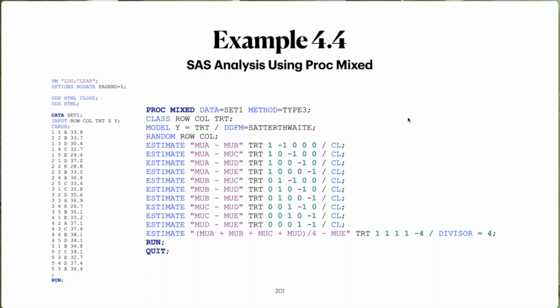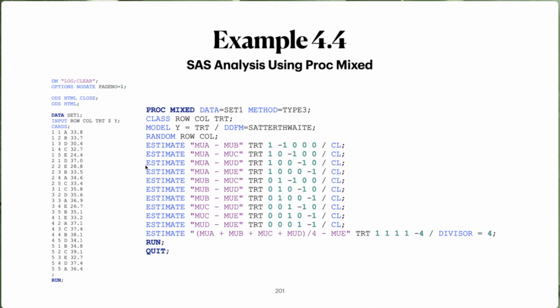Here is some SAS code that we can use to perform these comparisons: the pairwise comparisons, as well as the comparison of the arithmetic average of the 4 active treatments with the mean of treatment 5. I also have the code over here to enter the data into a SAS data set.